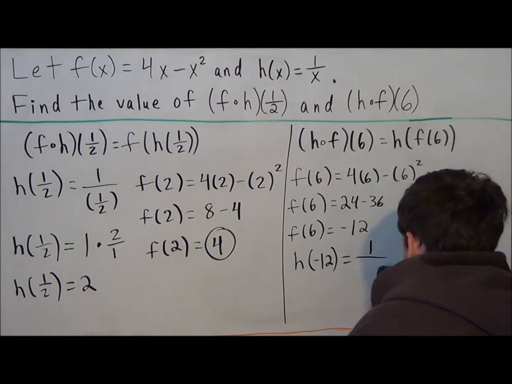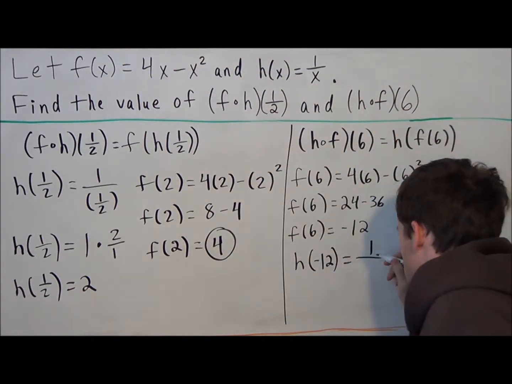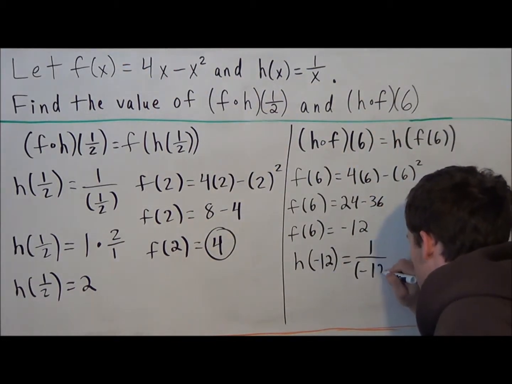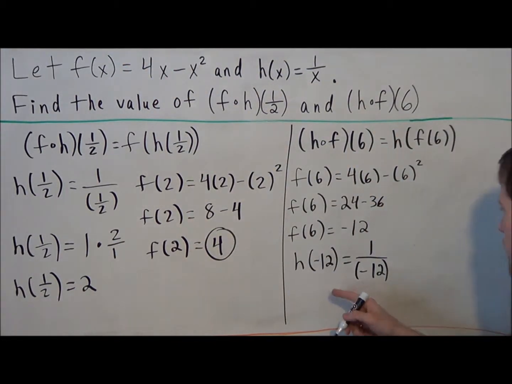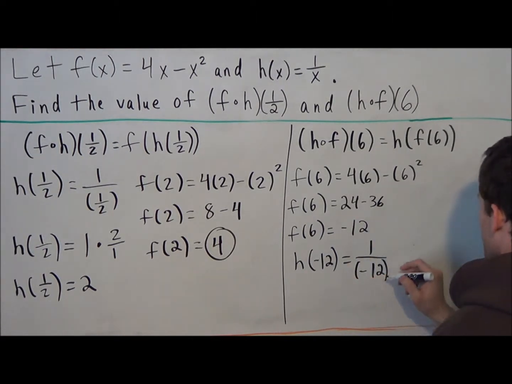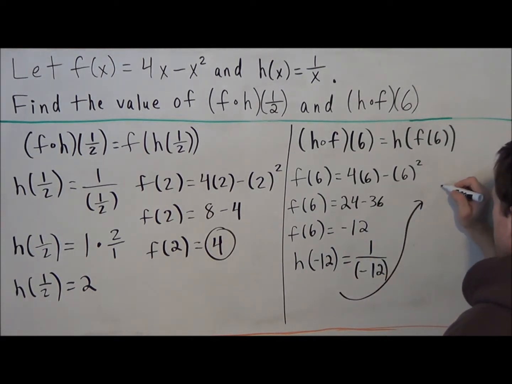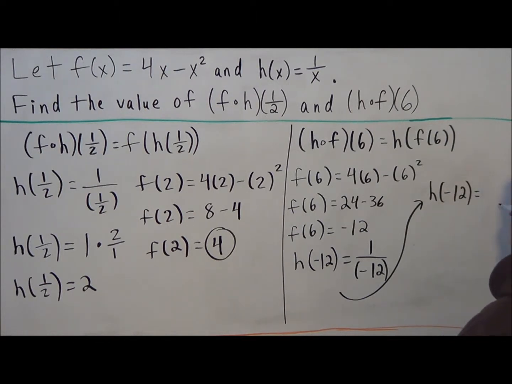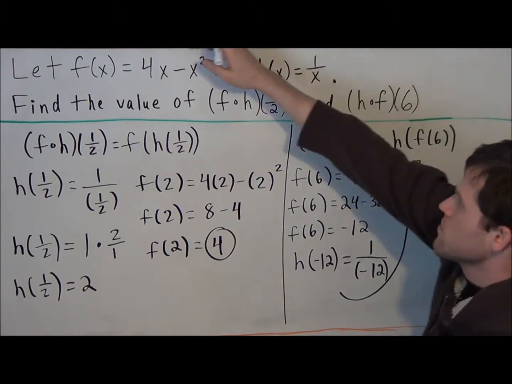Just write this a little bit bigger. Okay. So we're replacing x with negative 12. So our final answer here, we could say that h of negative 12 equals negative 1 over 12.